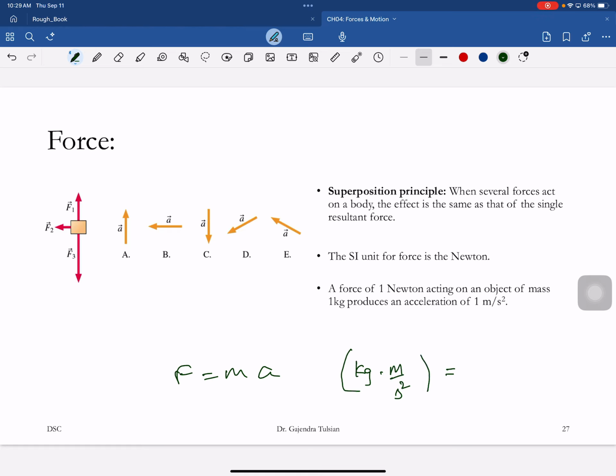In physics, we name combinations of units after people who've done work in the area. This is called a Newton, after Mr. Newton. So the units of force are newtons, and the units of acceleration are meters per second squared.